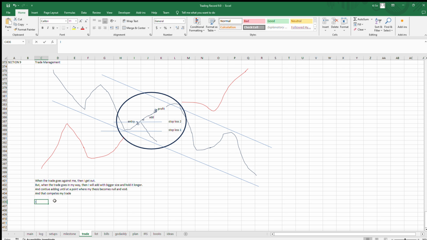In the meantime, my strategy is to add new setups.